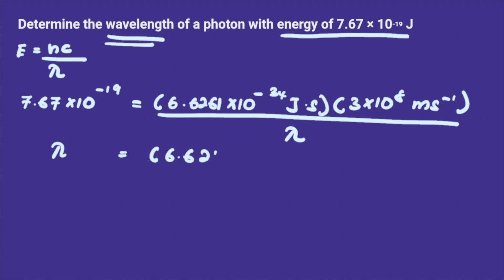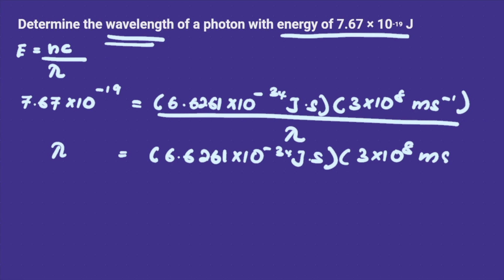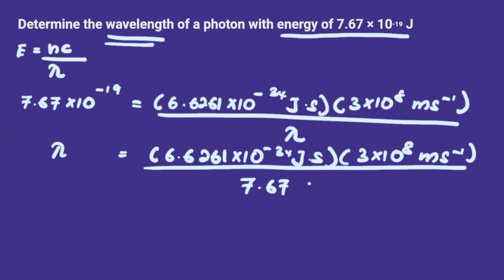So 6.6261 times 10 to the power of negative 34 joule second times 3 times 10 to the power of 8 meter per second divided by 7.67 times 10 to the power of negative 19 joule.